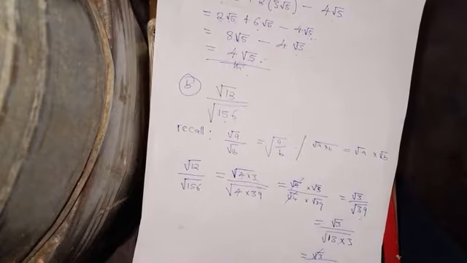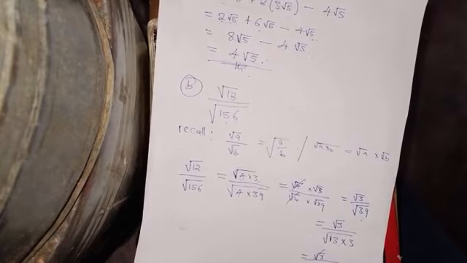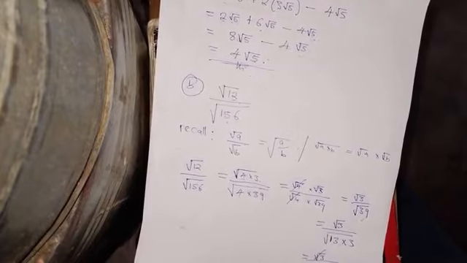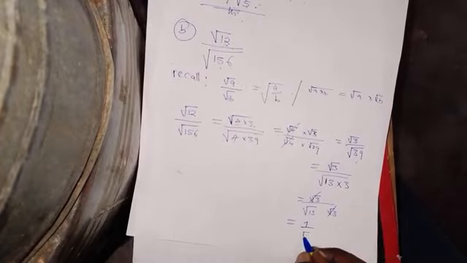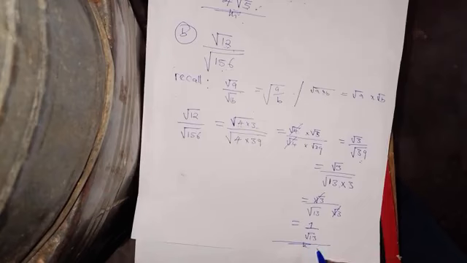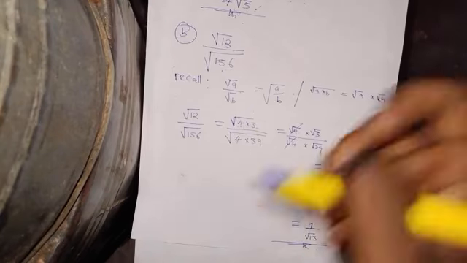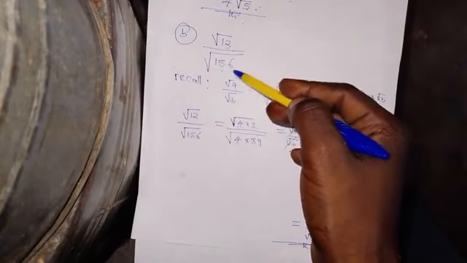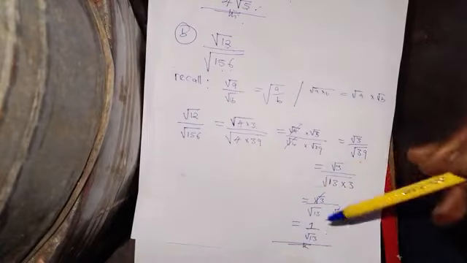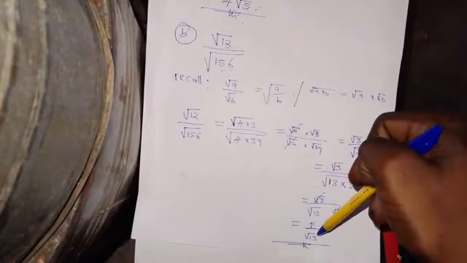This and this will go, and I'm going to have a 1 in the numerator over root of 13 in the denominator, and this will be the end of my expression. So root of 12 over root of 156 is just as good as 1 over root of 13.